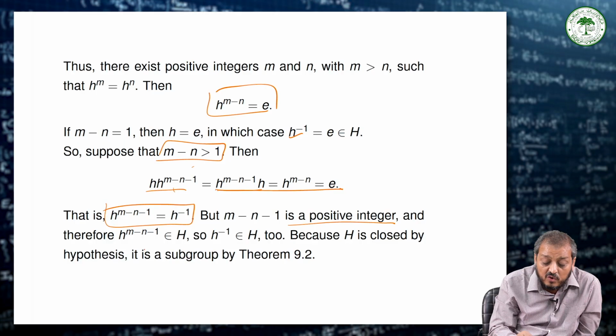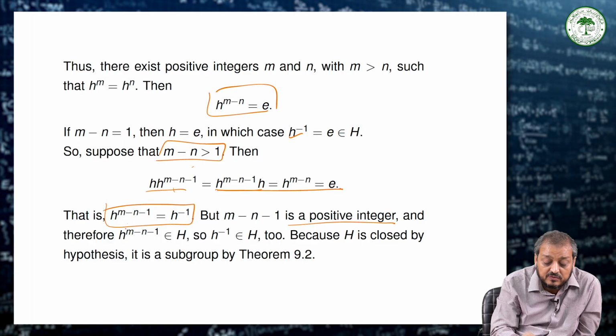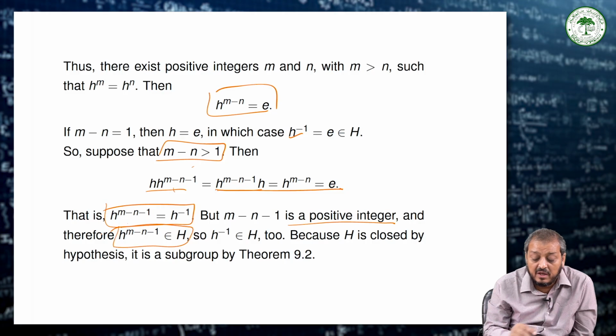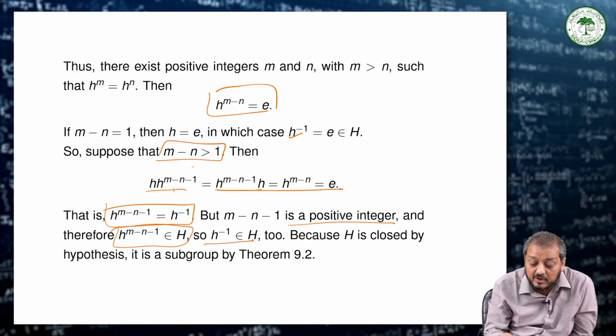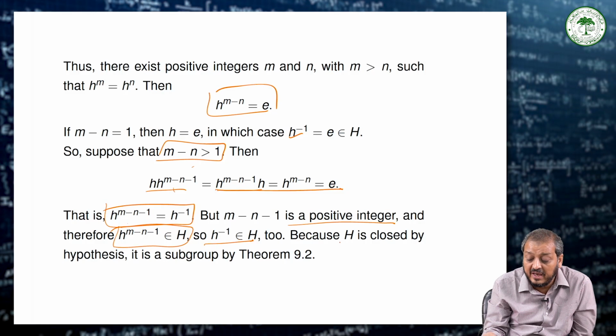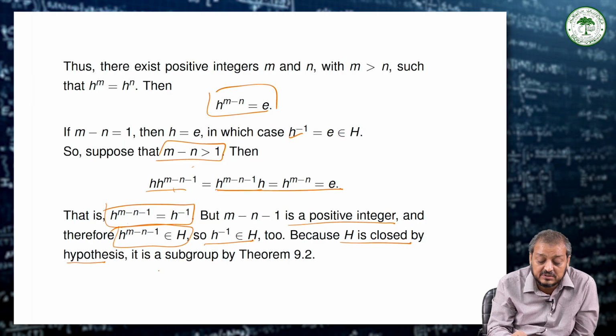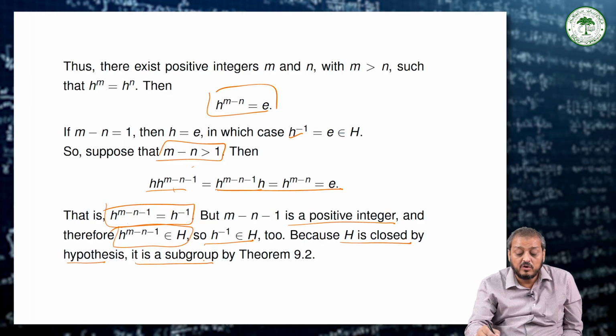That means h to the power m minus n minus 1 is an element of H, and so h inverse is an element of H. Because H is closed by the hypothesis, it is a subgroup by the theorem.